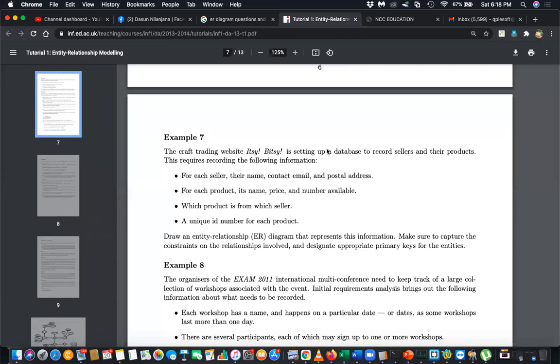Here, some nouns are well explained. Seller is explained further using the seller's name, contact email, and postal address. If you have such a thing, seller will become an entity. That's how you identify it. In the examination paper also, there will be a case study, which means this kind of paragraph.